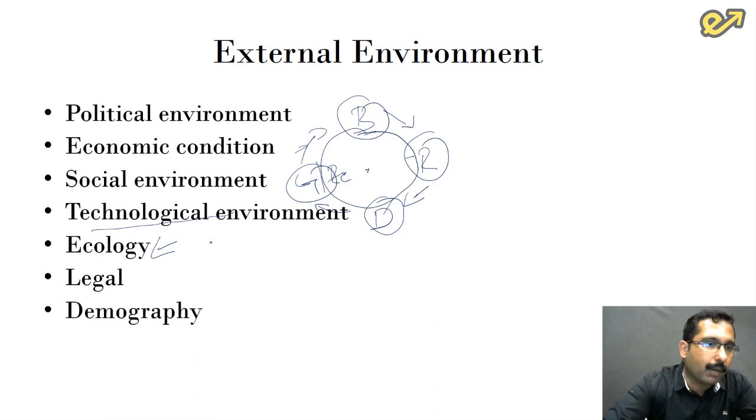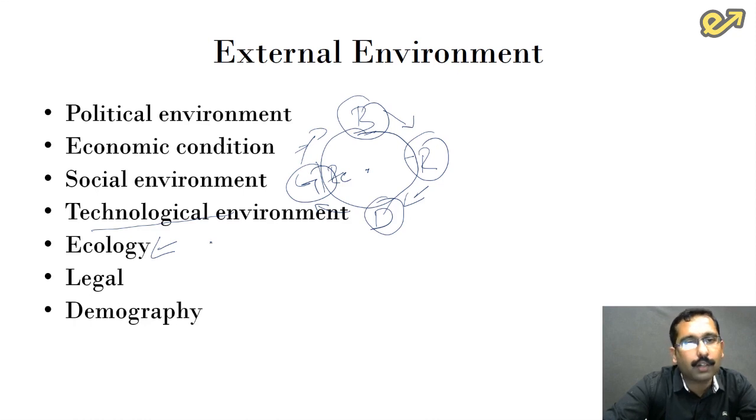The last one is the demography. Now, what is demography? Demography is a study of the population. Under the study of the population, we generally study the size of the population, the male-female ratio, the education level, the qualification that people have got, the kind of jobs or the occupation, the average income they have, the family size.